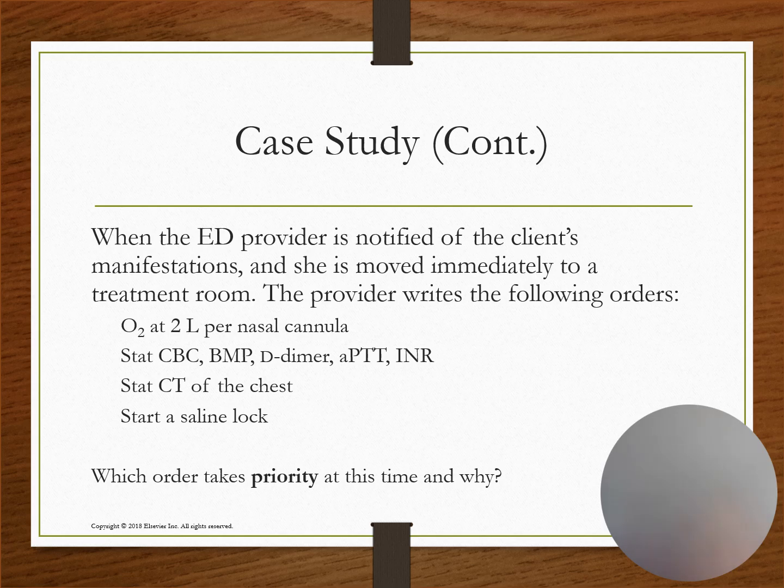Again, priority is going to be based on if I don't do this, something really bad could happen to my client. We start off with our ABCs, then we look at safety and change in level of consciousness as we try and order our interventions. So based on this client's pulse ox reading, the priority is going to be the oxygen.